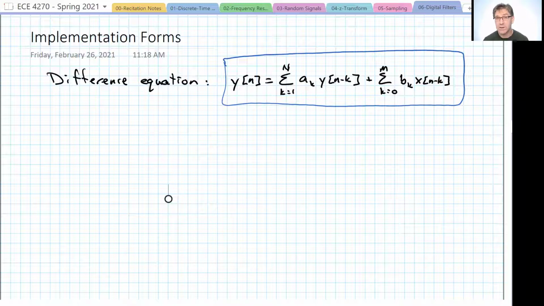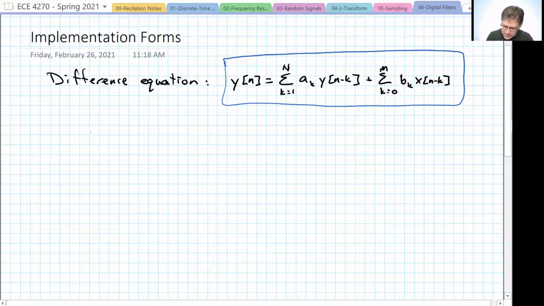Are they assuming this method, or are they assuming the method where the a's would be on the left side, and therefore when you actually calculate y, you would negate them? So check the documentation to make sure you're consistent.